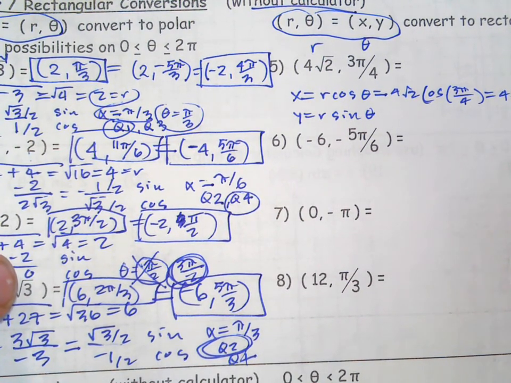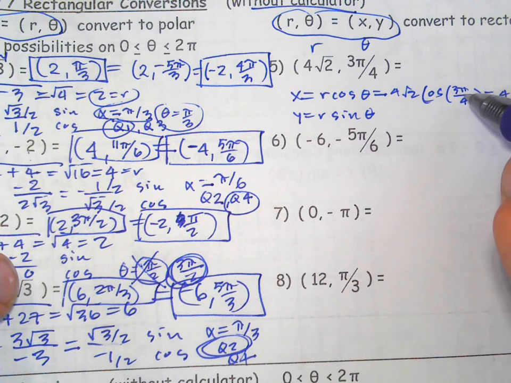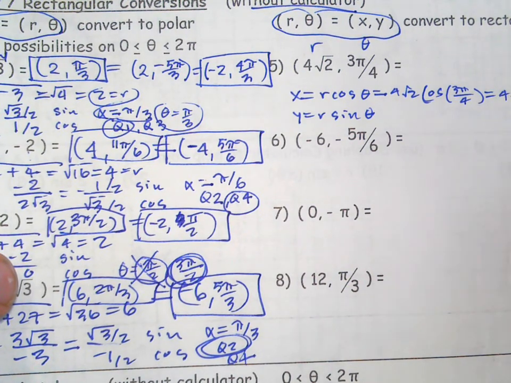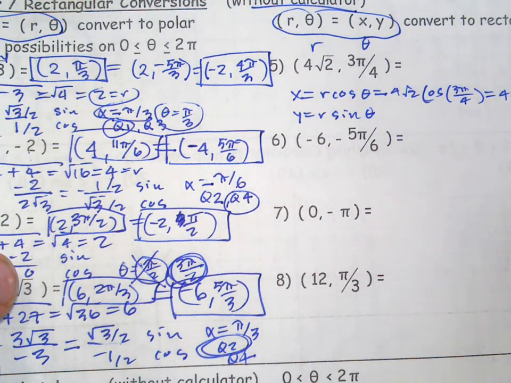It's a second quadrant, so it's negative. So it's going to be 2 times, it's going to be negative 8 thirds for the x value, unless I messed up. Let's see. Oh, wait. Sorry. Why did I put root 2 over 3? It's root 2 over 2. It's going to be negative 4. That's your x value.